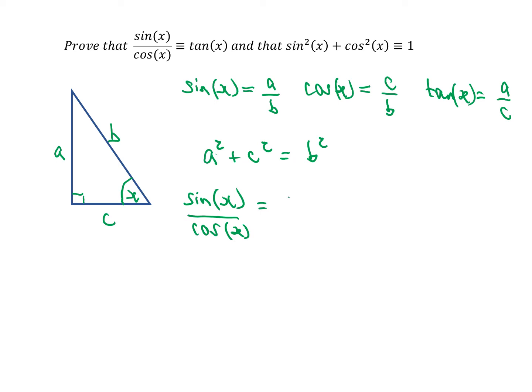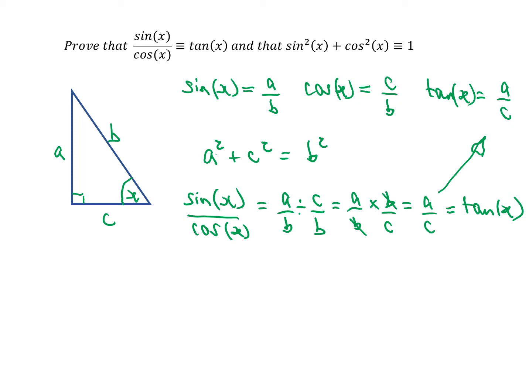Sine X is A over B, and we're dividing that by cos X, which is C over B, and that's the same as A over B times B over C. The B's cancel, leaving us with A over C. And when you look up here, you see that A over C is the same as tan X.